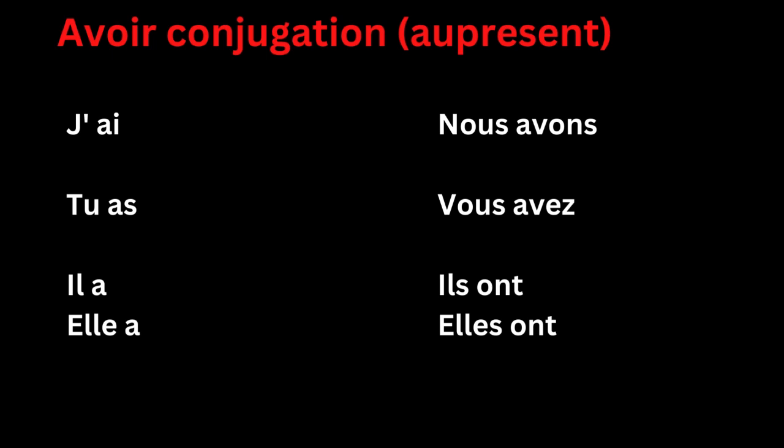Nous avons. Okay, let me explain something there. So we have the word nous, and then the second word is avons. These are two words, one ending with a consonant and the other one starting with a vowel.